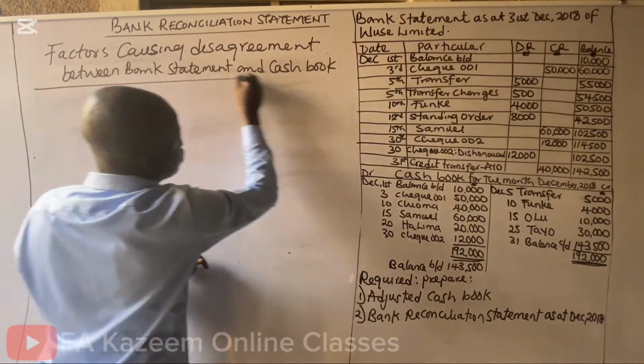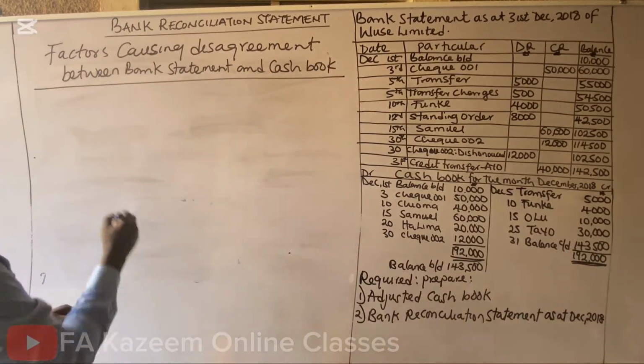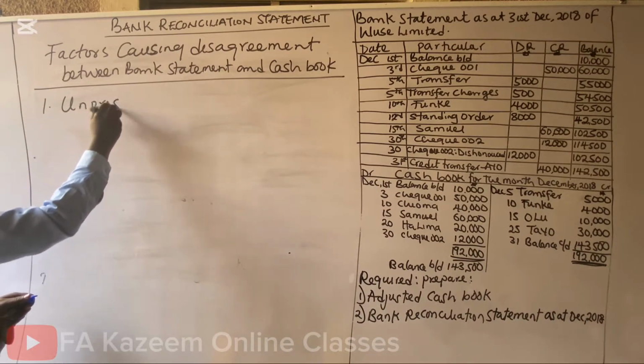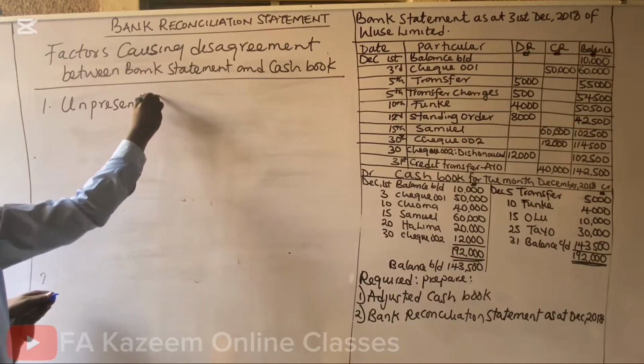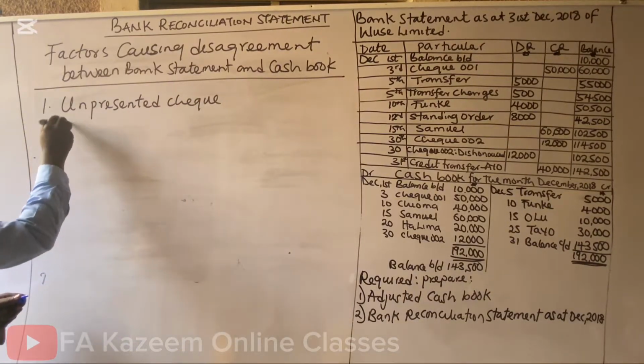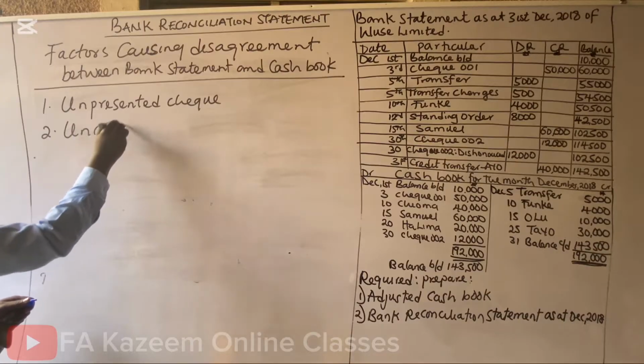What are these factors? One, we have what we call unpresented check. Two, uncredited check.